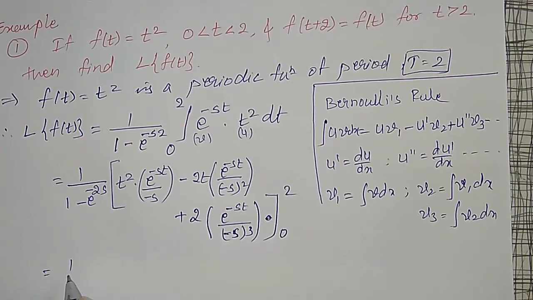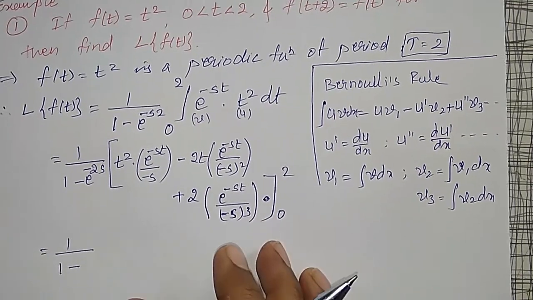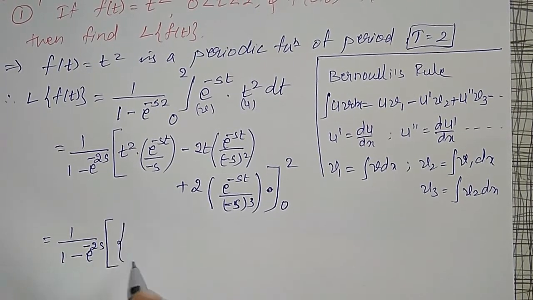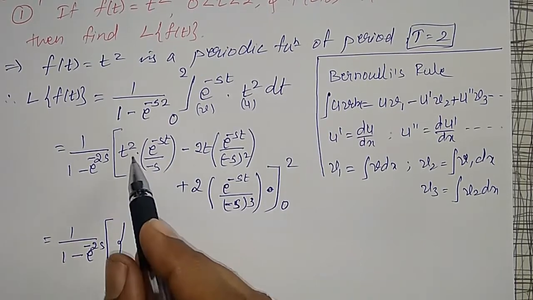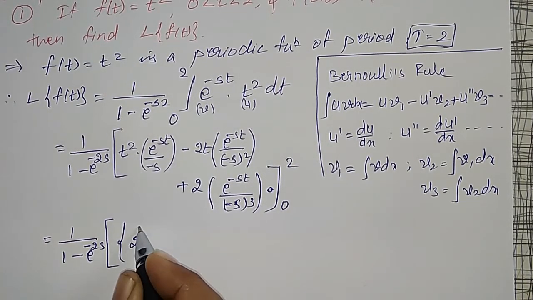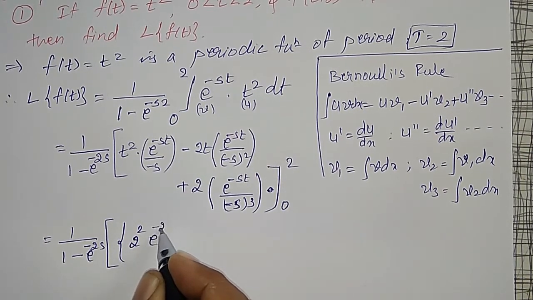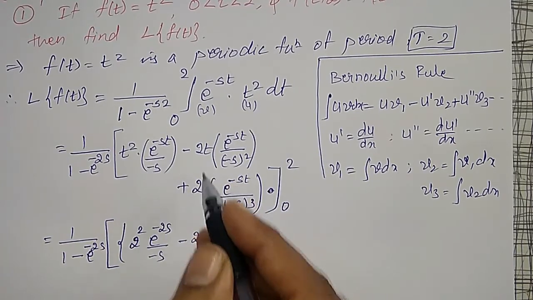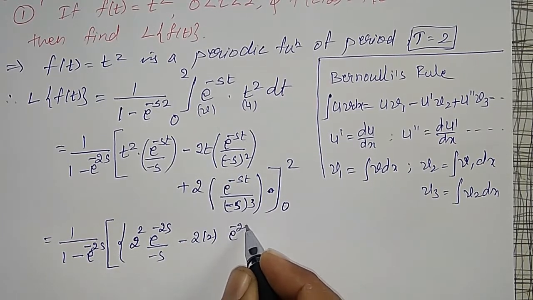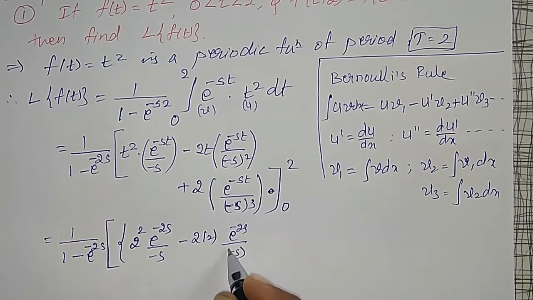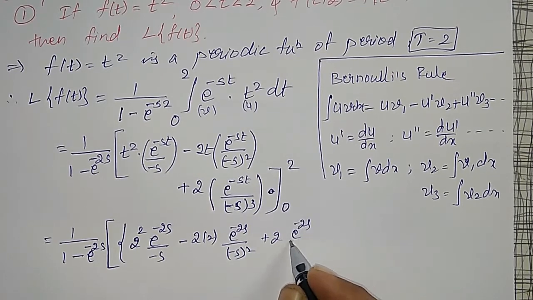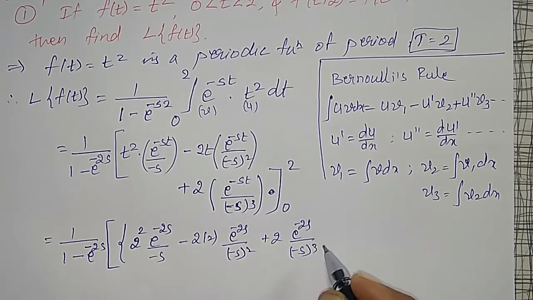Next, 1 divided by 1 minus e to the power minus 2s into bracket. For the upper limit I will substitute t equal to 2 first, that is 2 squared into e raised to minus 2s divided by minus s, minus 2 into 2 into e raised to minus 2s divided by minus s squared, plus 2 e raised to minus 2s divided by minus s cube.